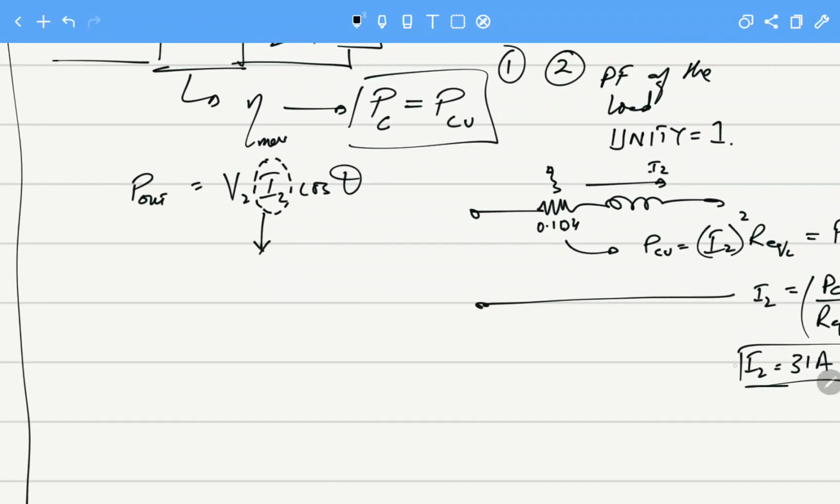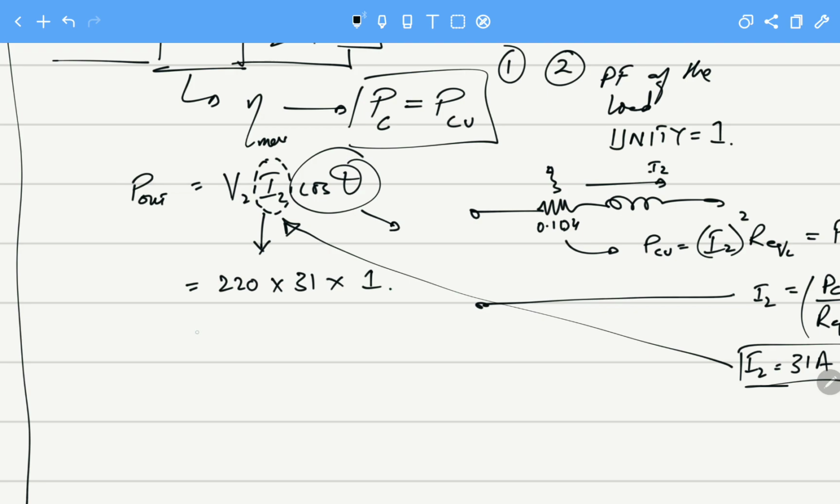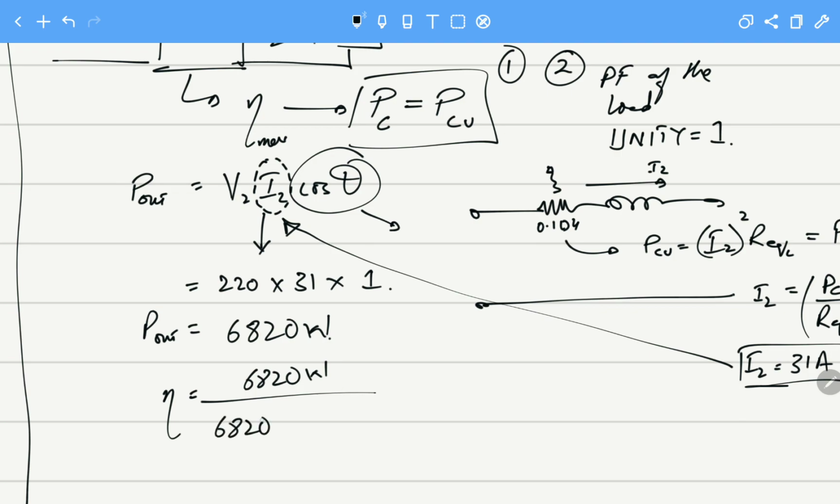So for this current, the output will be at the position of maximum efficiency. V2 is 220 and I2 is 31, and for power factor, the second condition was that it should be unity. So this becomes 6820 watts. To calculate the efficiency, we take 6820 watts plus copper loss plus core loss.